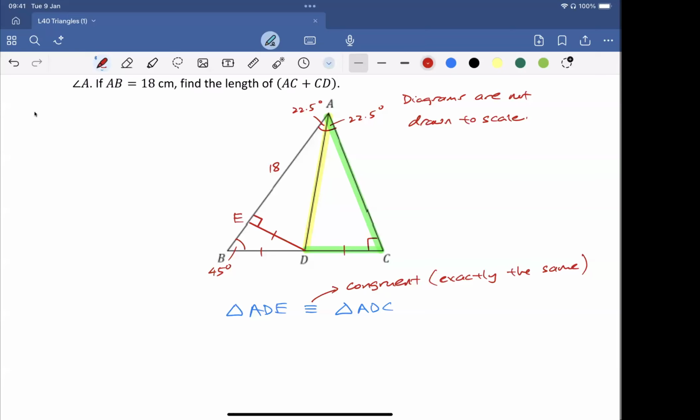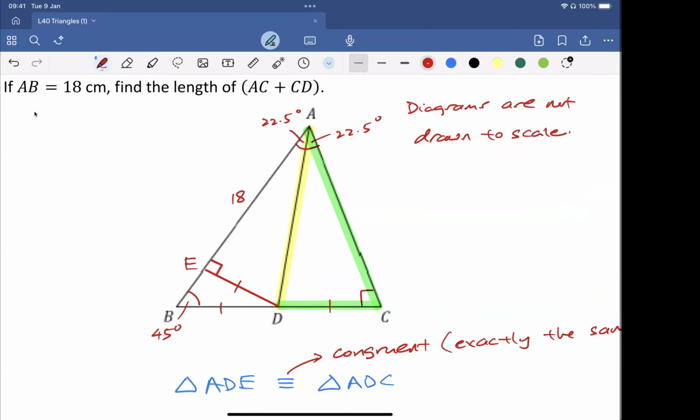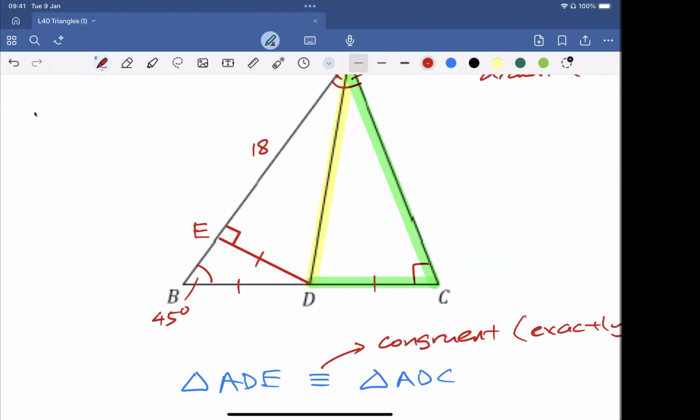What else do we know? This is 90 degrees. Students, look. If this is 90 degrees, then this is 45 degrees. That means this must also be 45 degrees, right? Do you notice that this length and this length must also be the same? Because it is like an isosceles triangle, am I right?